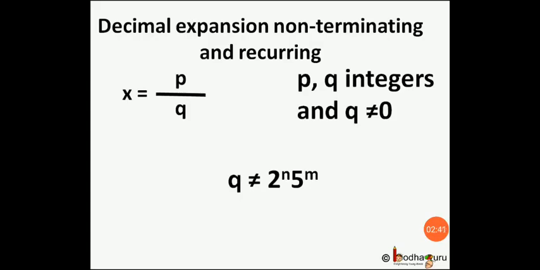And if it is not of the form 2 to the power n into 5 to the power m, then the decimal expansion is non-terminating and recurring. In the same way, if the decimal expansion is non-terminating and recurring, the denominator does not have prime factors only of the form 2 to the power n into 5 to the power m.